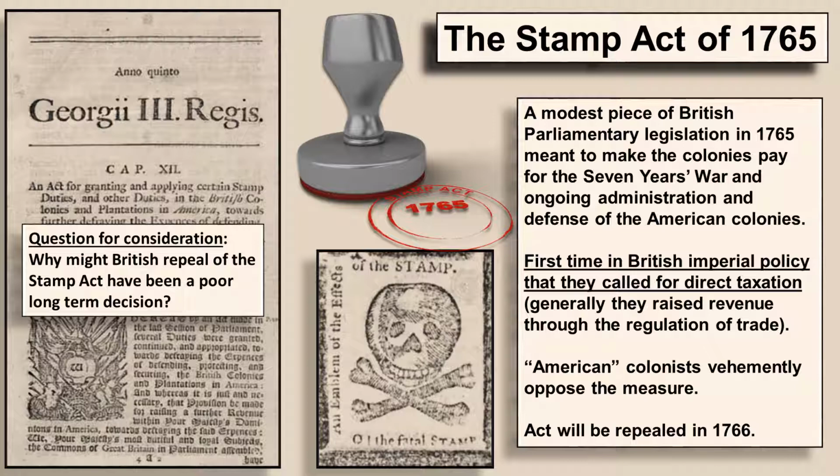What's interesting, at least to me, about this Stamp Act is if you look at it from the British perspective, it's at best a moderate piece of British political program in 1765, bent towards making the American colonists pay for not just the ballooning war debt from the French and Indian War. It started in the American colonies, after all, right? But to also pay for the ongoing defense.